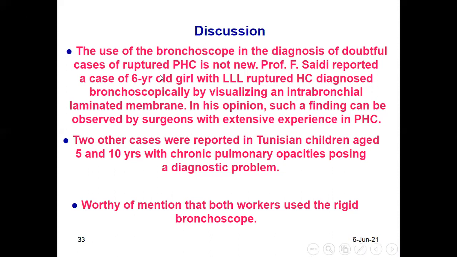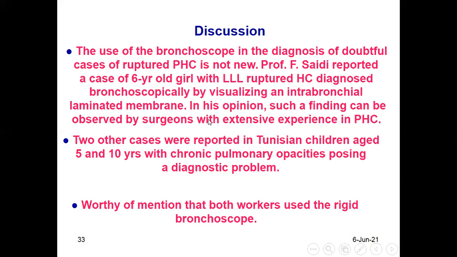The use of the bronchoscope in the diagnosis of doubtful cases of ruptured pulmonary hydatid cyst is not new. Professor Farouk Saidi reported a case of a 6-year-old girl with left lower lobe ruptured hydatid cyst diagnosed bronchoscopically by visualizing an intrabronchial laminated membrane.